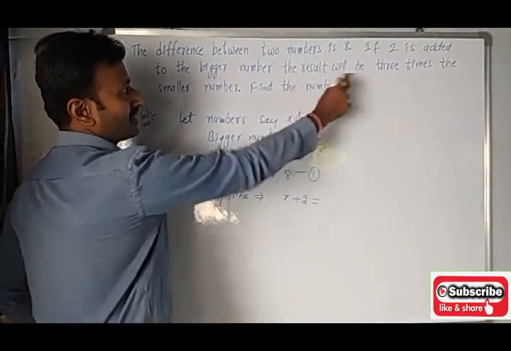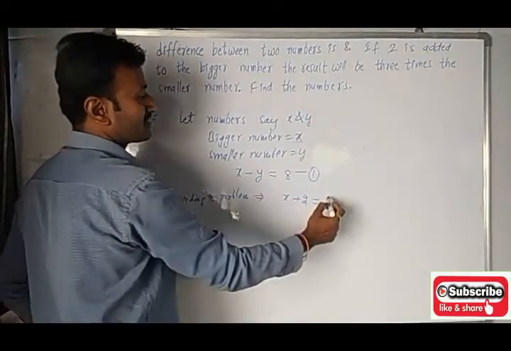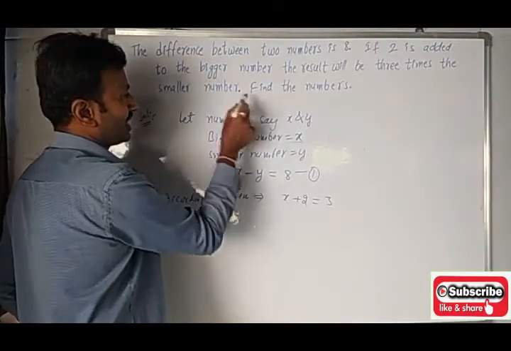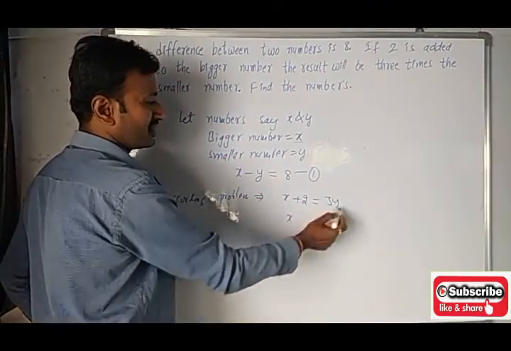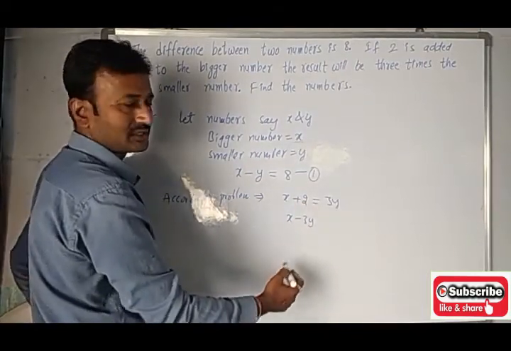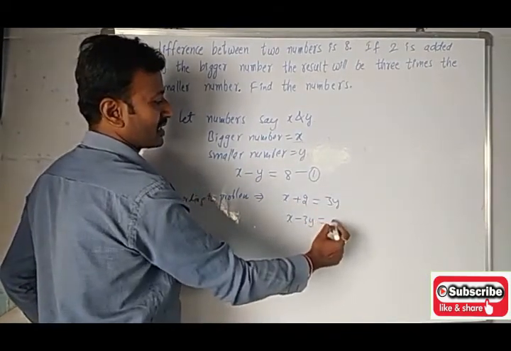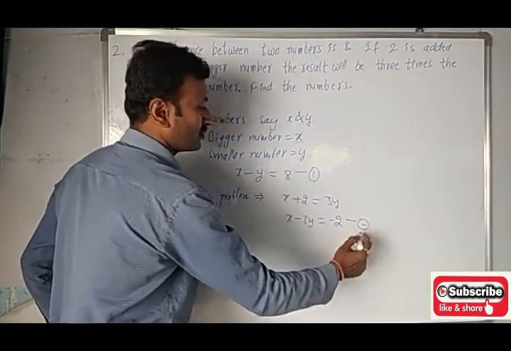The result means what? Equal. RHS what comes? 3 times the smaller number, which is y. So let us transform this equation: we transpose 3y to this side and 2 to that side. It will become like this. So this is equation 2.